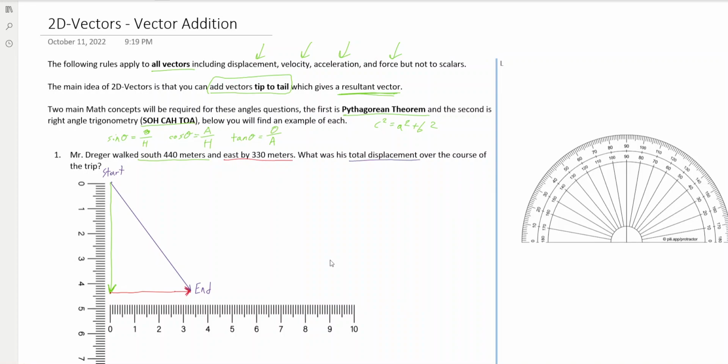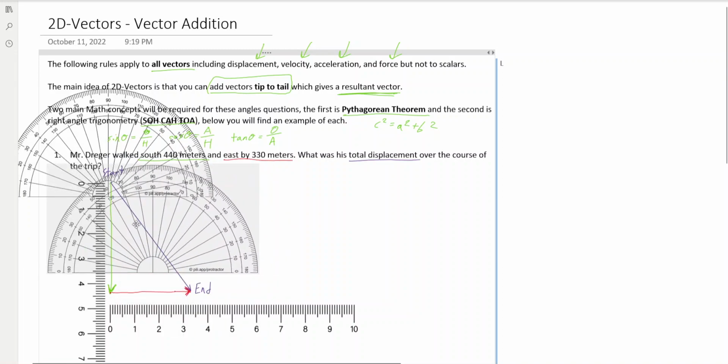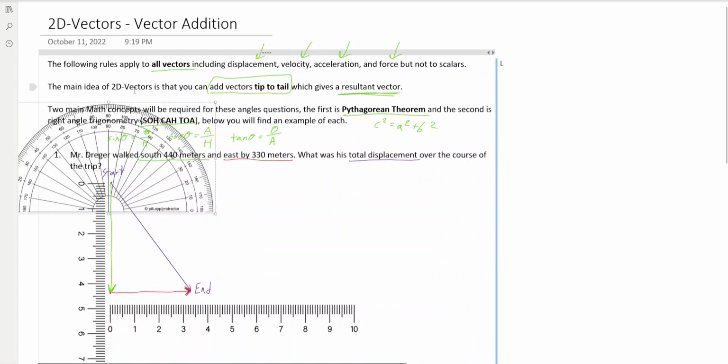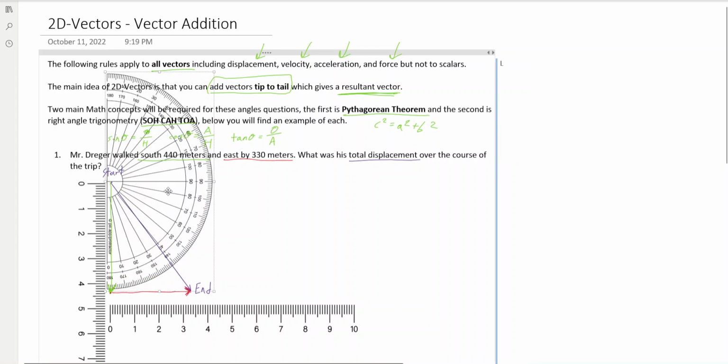Unfortunately it's going to be really hard to measure this because it is at an angle, and my computer program doesn't let me spin them around at specific angles. But what we can do is measure the angle here. So what we need to do is find the angle. Let's rotate this. I was able to get this very precisely in there last time, but for some reason it's not allowing me to do that right now. That's annoying.